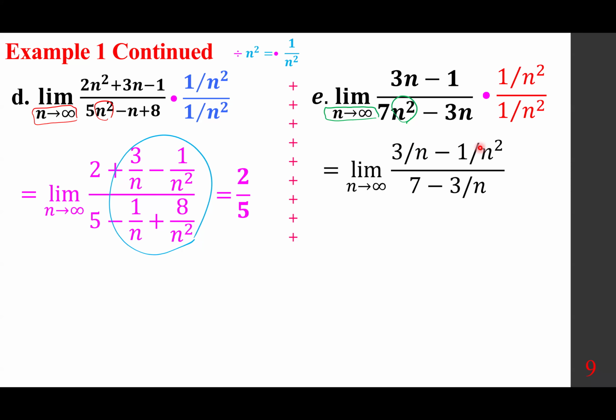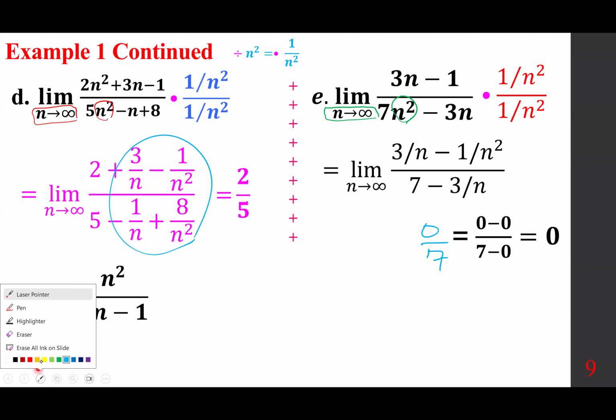This goes to 0, this goes to 0, this goes to 0, and so you're looking at 0 over 7. I want to emphasize that the denominator is not 0, because 0 over 0 is also indeterminate. 0 over any number other than 0 is 0.